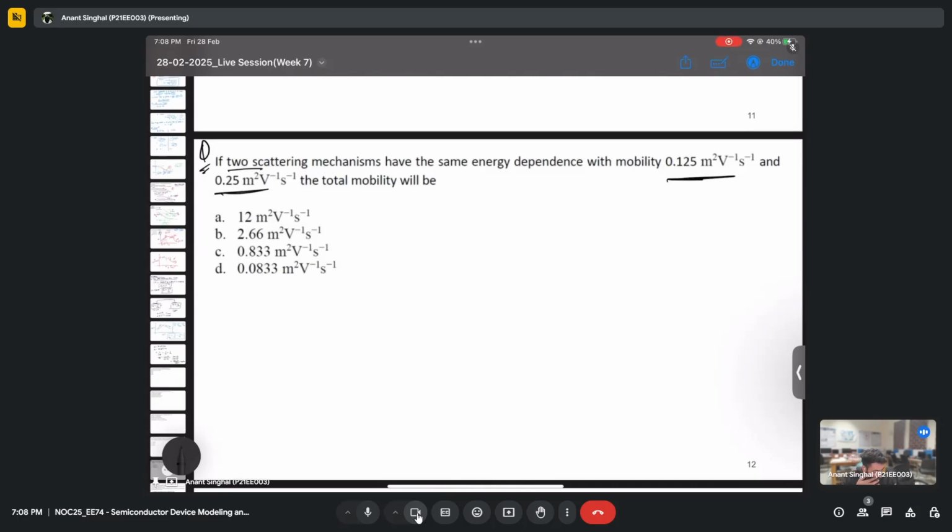This is very easy. You do not even need to solve anything. Any answer till yet?